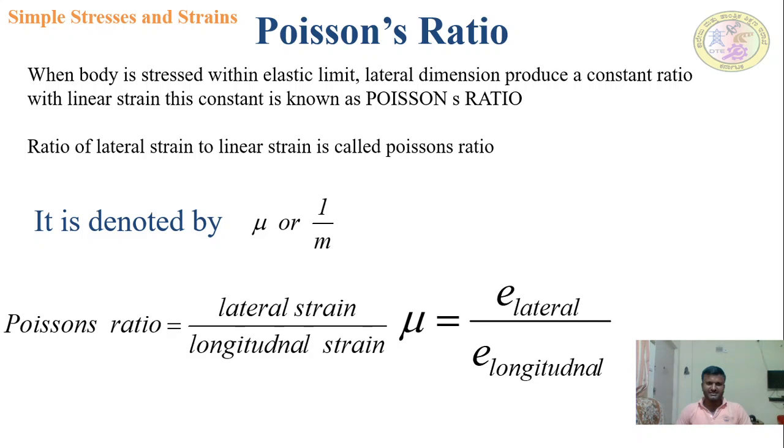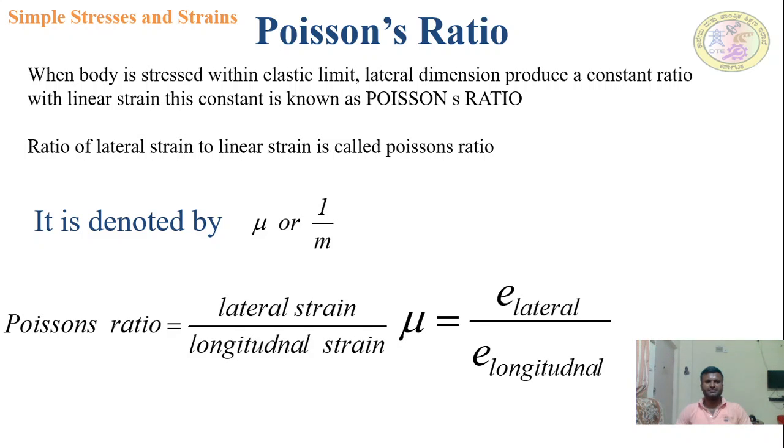When the body is stressed within the elastic limit, the lateral dimension produces a constant ratio with the longitudinal dimension. I mean to say that the ratio of lateral strain to linear strain is constant when the body is stressed within the elastic limit.